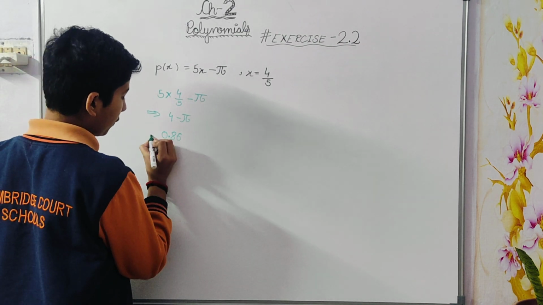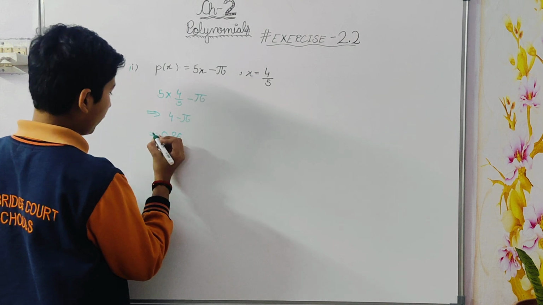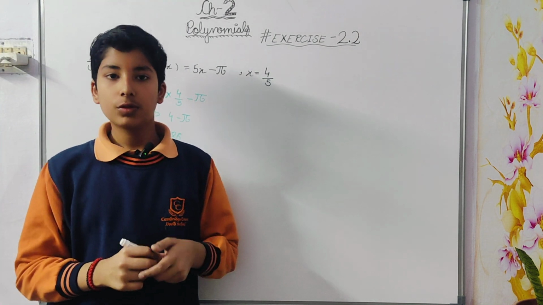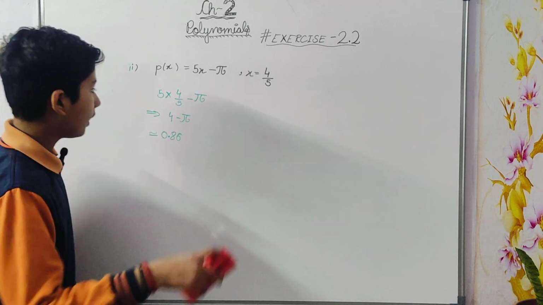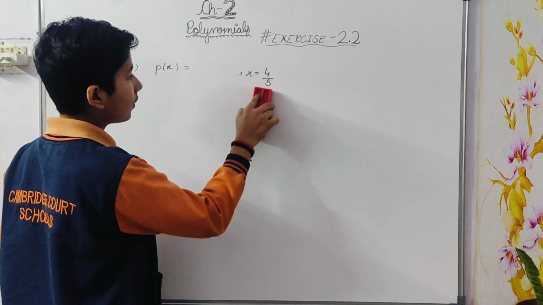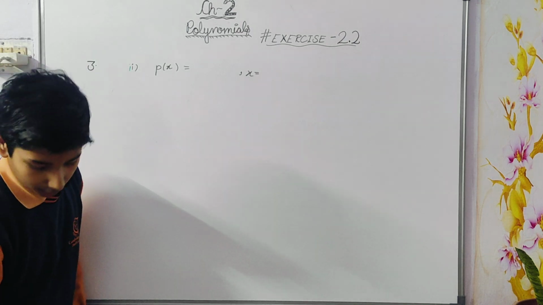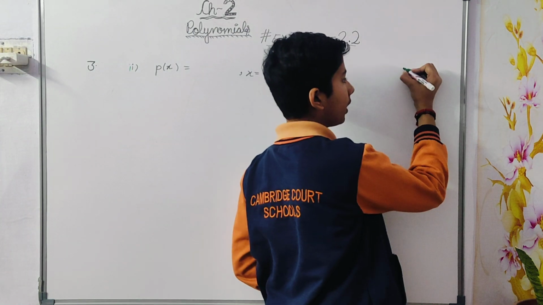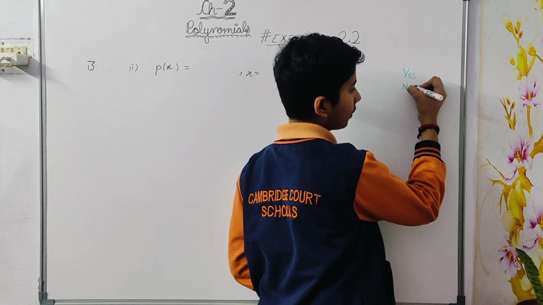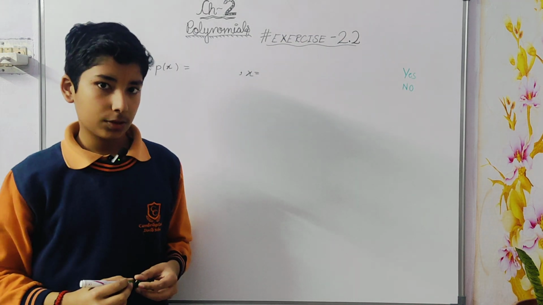So I'll write approximately equals 0.86. Still it is not equal to 0, so we will write no. So here I will write the serial order: yes, here no.